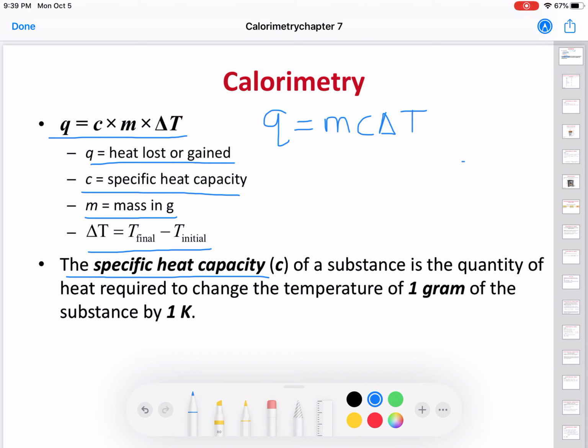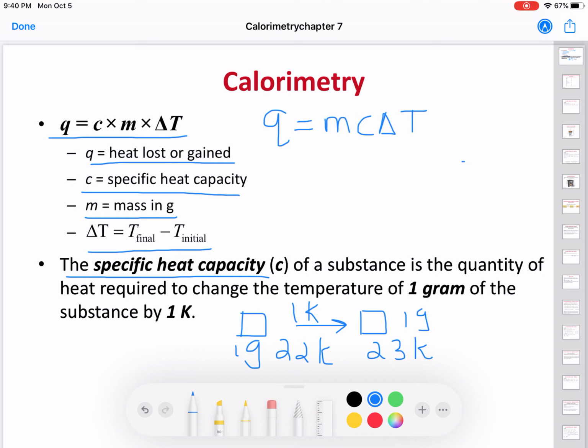The definition for the specific heat capacity is: if you have 1 gram of a sample, could be 1 gram of water, 1 gram of a metal or wood or anything, let's say you have a temperature of 22 Kelvin, and you take the same 1 gram, you want to raise the temperature by 1 Kelvin unit, and this becomes then 23 Kelvin.